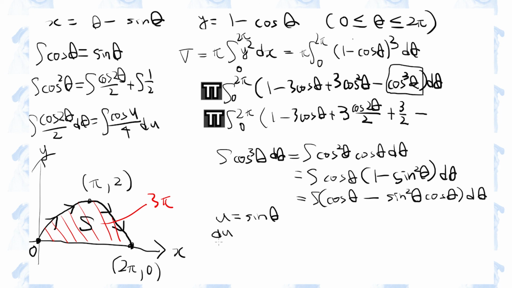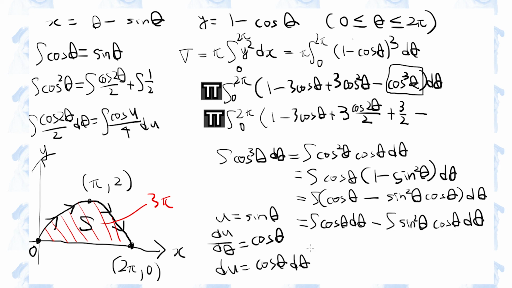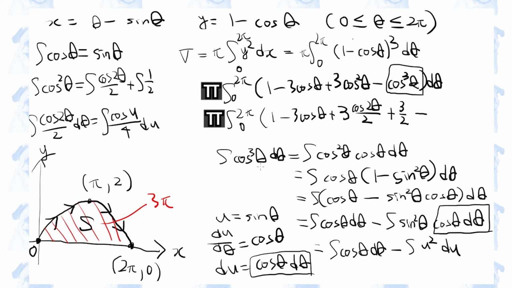Therefore, du/d theta is cosine theta. So du is cosine theta d theta. So now we have cosine theta d theta here. This can be replaced with du. So cosine cubed theta d theta is cosine theta d theta minus u squared du.